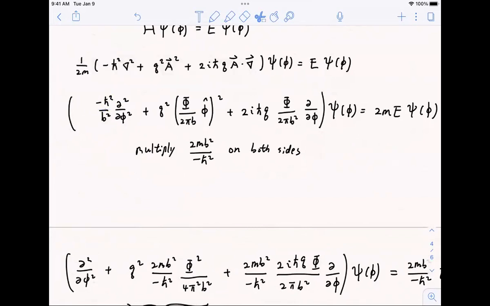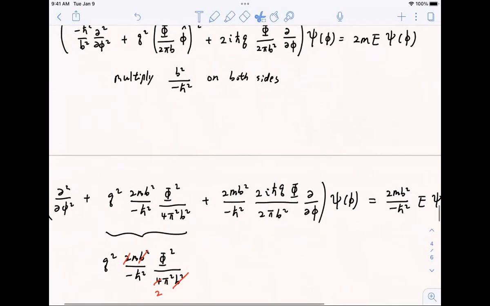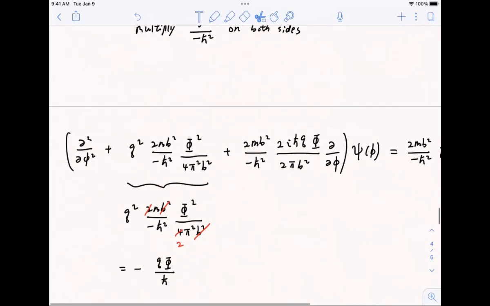Okay. So sorry, it's a bit messy. Then you don't need the 2m anymore. You don't need the 2m on both sides. Then there's no 2 mass. Okay, I made a mistake.